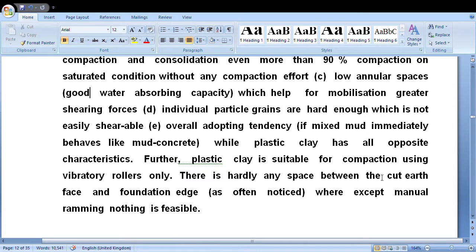Plastic clay is also suitable for foundation backfill compaction using vibratory rollers. There is hardly any space between the soil cut face and the foundation, as I often notice where I visit. In most places I saw manual ramming going on, where 70%, 60% compaction is there.